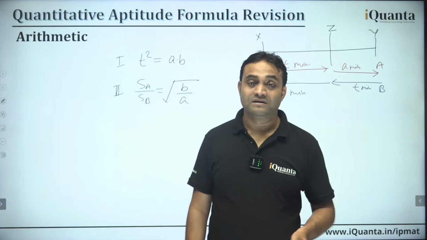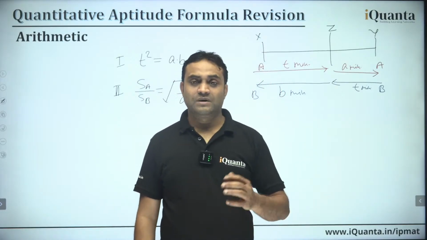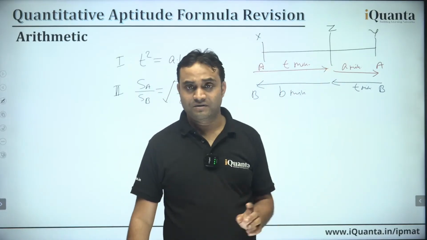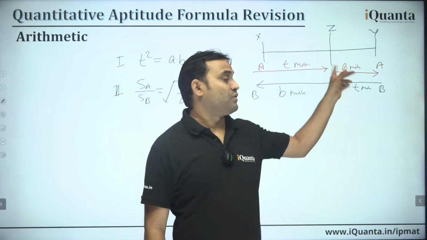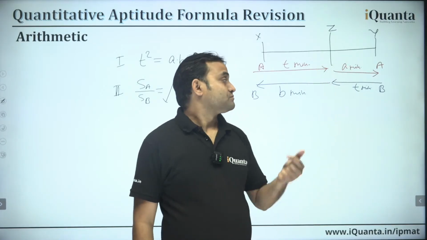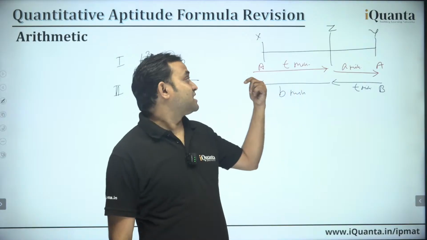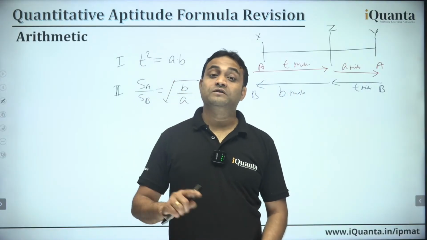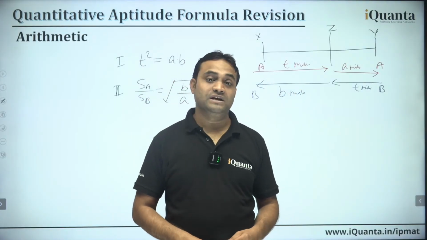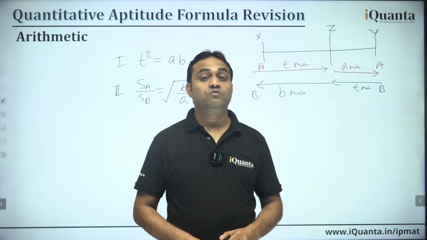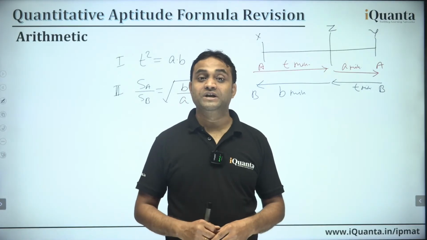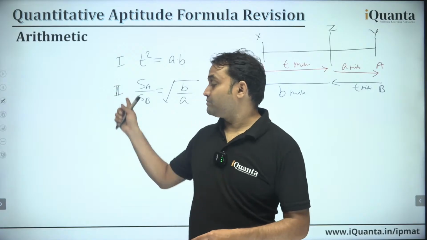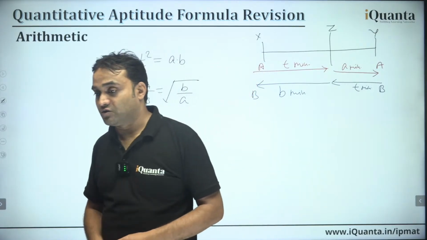After meeting, A took some time, let's say A minutes, to reach his destination Y. B took B minutes to reach his destination X. Then what will be the ratio of A and B speeds? And what will be the time taken by them to meet in between? Both of them you can find using these formulae, okay?